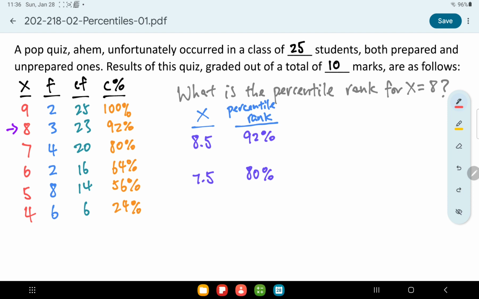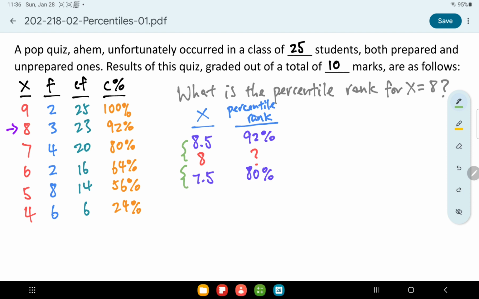So again, back to what we're interested in considering, x equals 8. And we're looking for the corresponding percentile rank. I'm going to use the question mark to indicate what we're trying to look for. And again, back to the procedure, we will first figure out the relative distance.